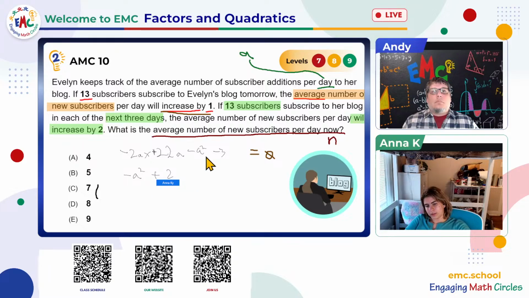Plus 22A minus 2AX minus 3. We need to get X on its own, so let's put that on the other side.